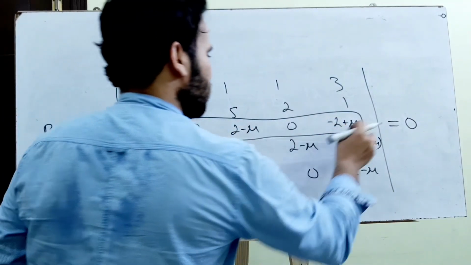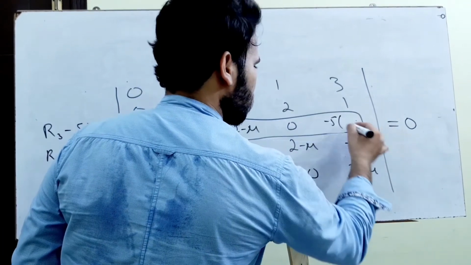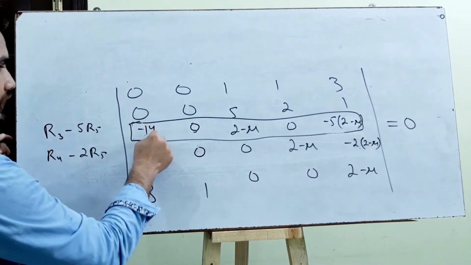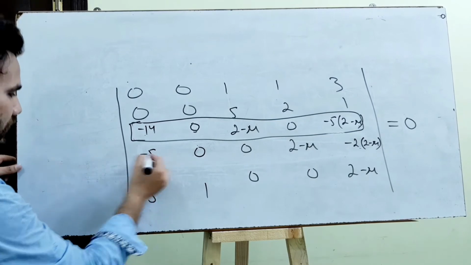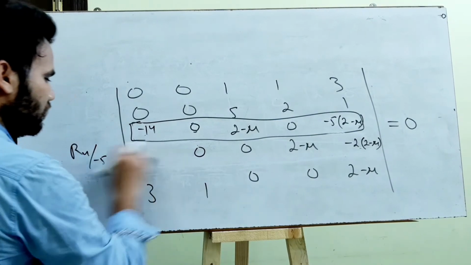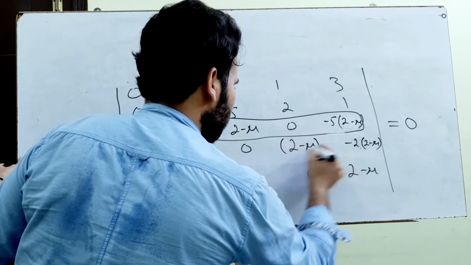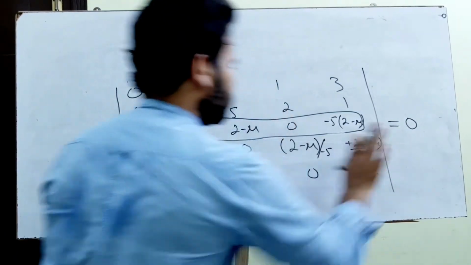Here it's not same, it will be minus 5, 2 minus mu. Now for this, minus 14 should be equal to 0. So first we have to divide R4 by minus 5. So this will be 1, same, same, and this will be divided by minus 5.